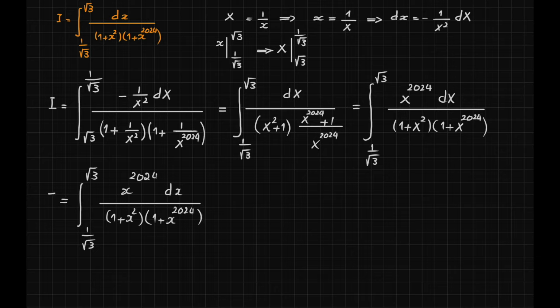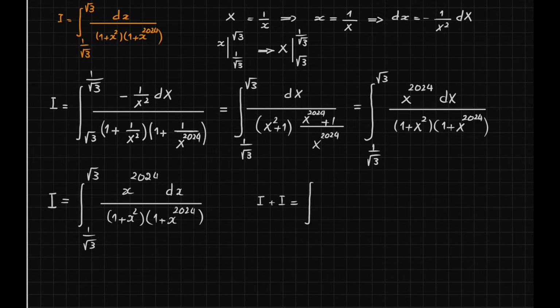Okay, so this is also I. On the one hand, I is this. On the other hand, I is this. So if I add these two relations side by side, then I will get I plus I equals 2I. I can combine these two integrals because both of them have the same limits, as you see.